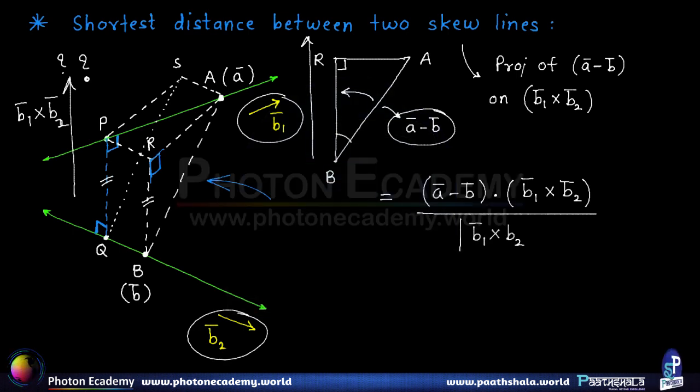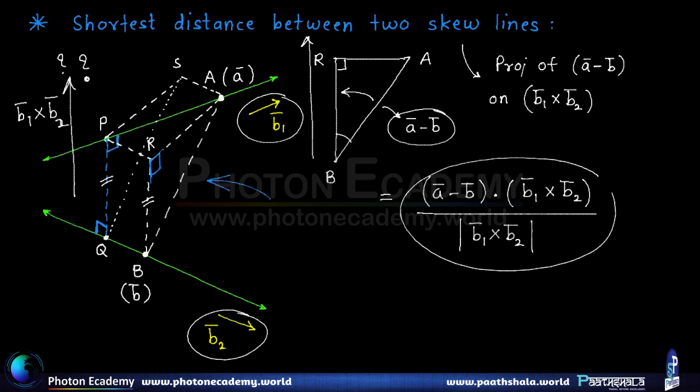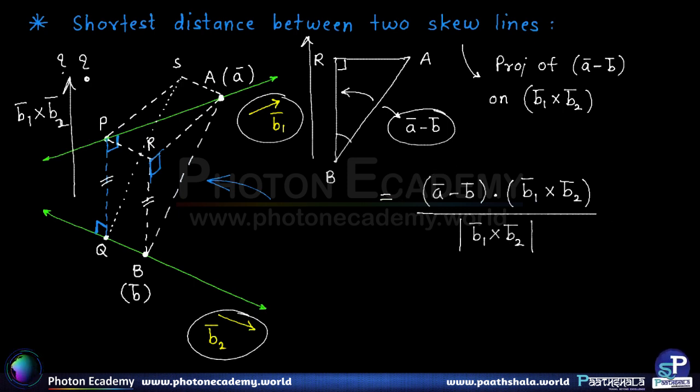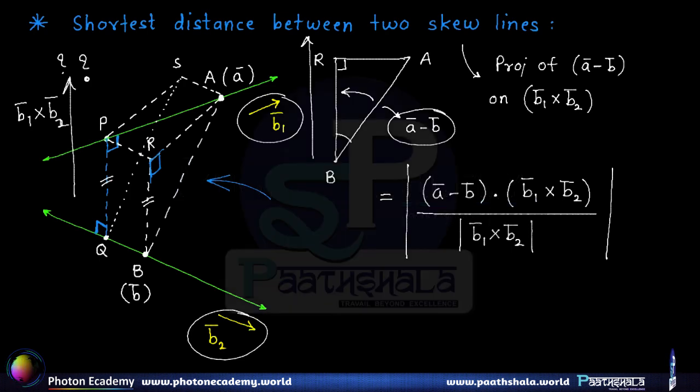That means magnitude of b1 cross b2. Right. And since the whole quantity represents the distance, that has to be a positive number, therefore at the end we take the absolute value of the entire answer. So this is the formula to remember.